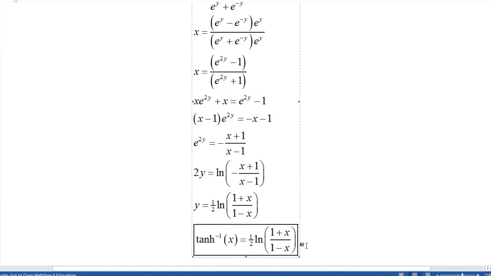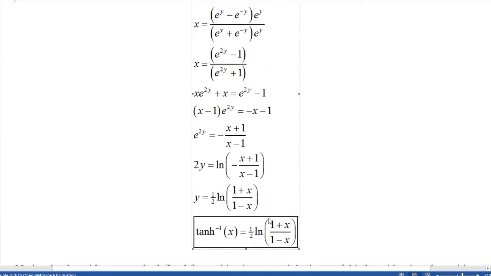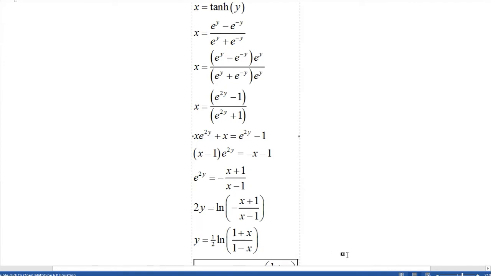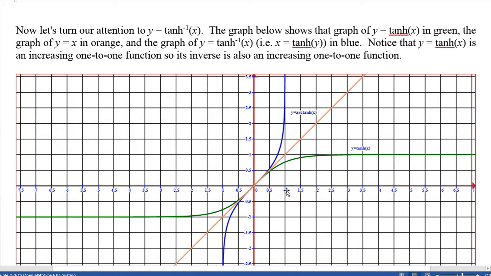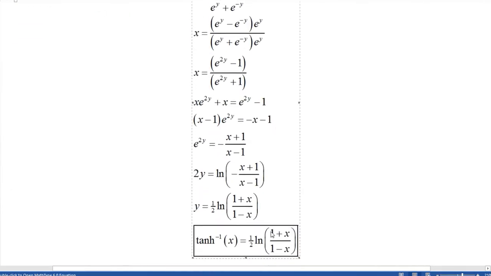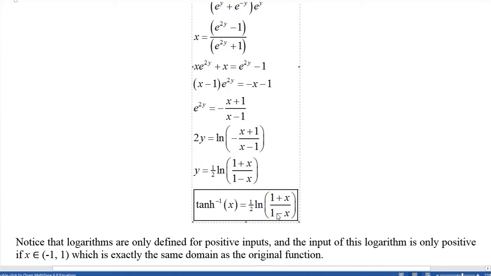Now, by the way, for this to make sense, we must be taking the logarithm of a positive number. And you see, if we're between -1 and 1, then we're in the right place, because between -1 and 1, the numerator and the denominator are both positive.